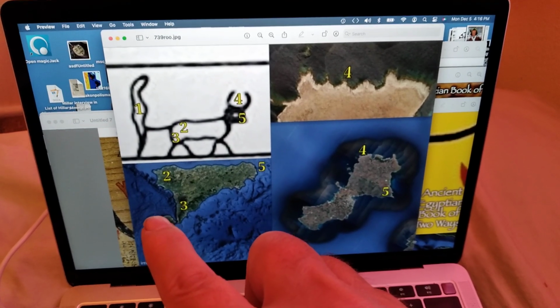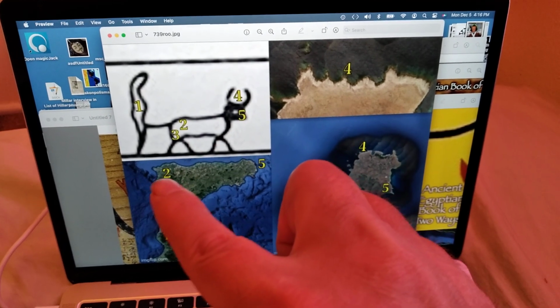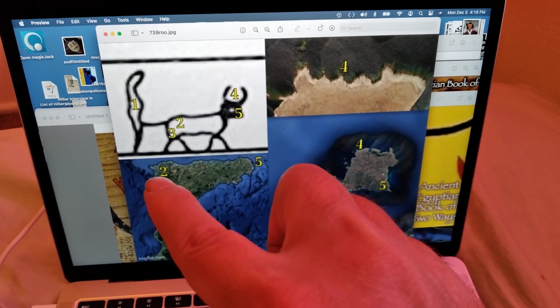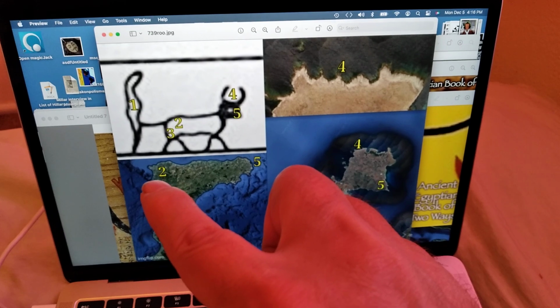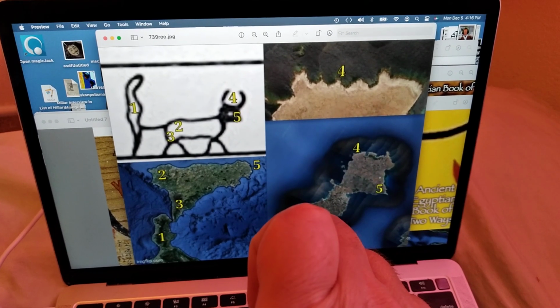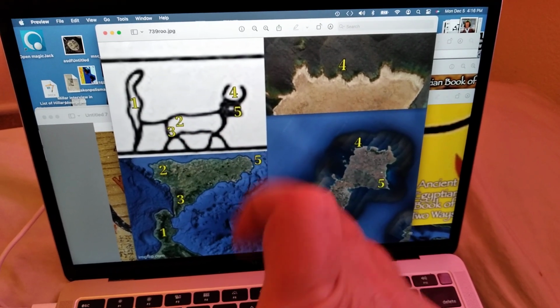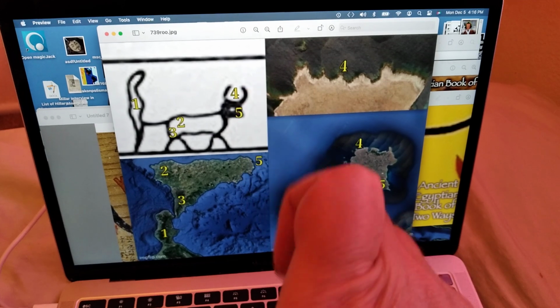It's hard to know, but I'm pretty sure it's this. Because right here there is a promontory, a little peninsula there and a little peninsula there, and they both point somewhat in towards each other. So I thought, okay, that's perfect.